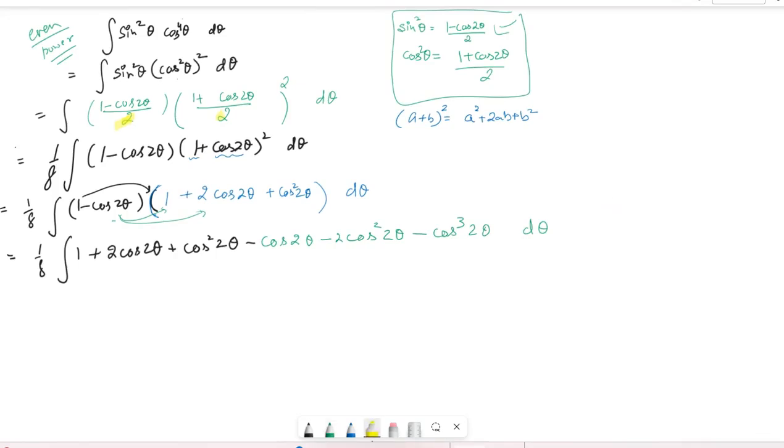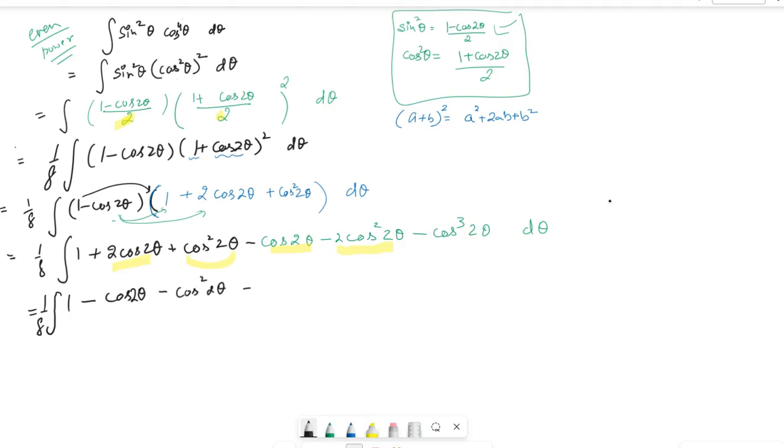Here we need to see if we have any like terms. For example, this and this. 1 by 8 outside. 1 is here. 2 cos theta minus, that will be cosine 2 theta. And then cosine square theta, and this is negative, so that will be negative cosine square 2 theta.